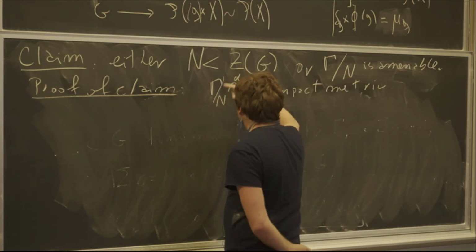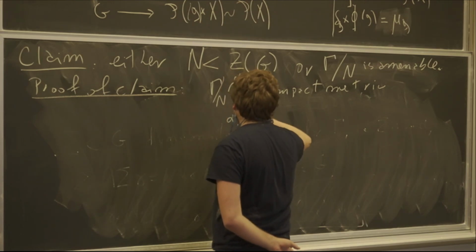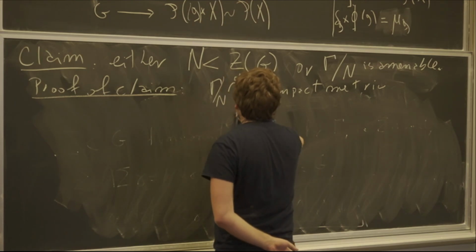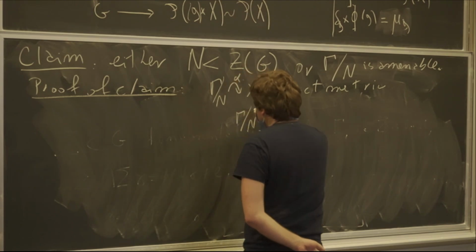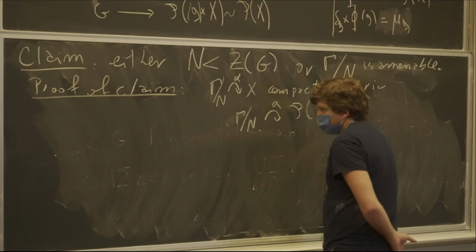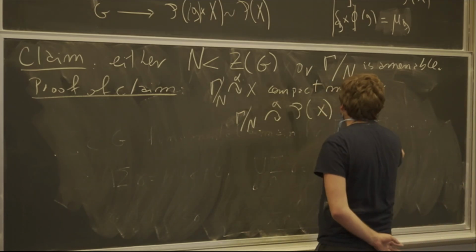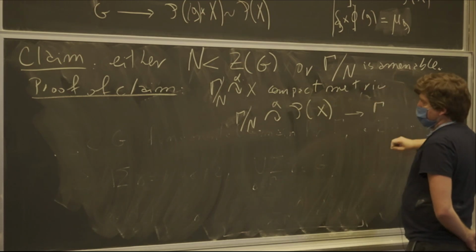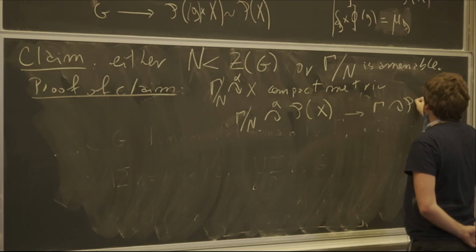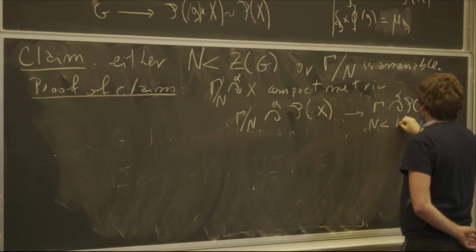Then I have induced from here this action alpha of gamma mod N on probability measures of X, so that N is inside the kernel of alpha.